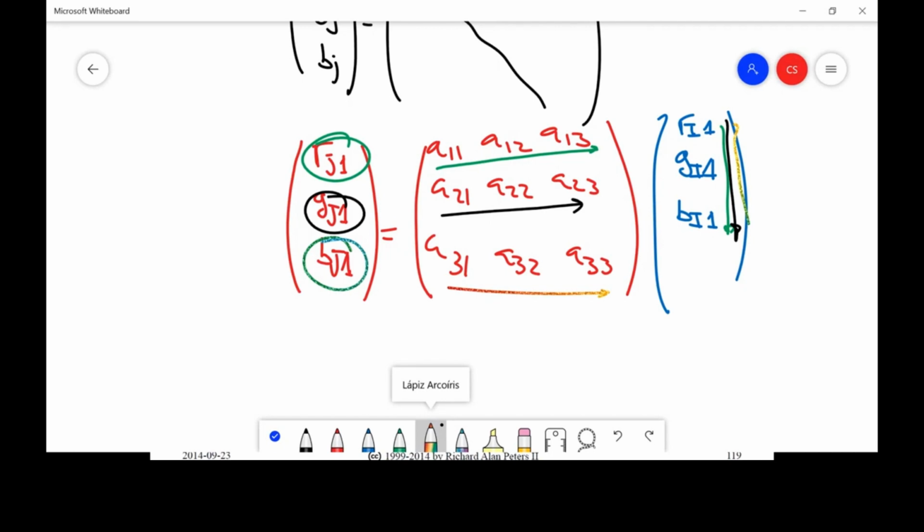So how many pairings do I need to fully define my matrix A? 3. If I have 3 pairings, that will give me 9 equations, and because I have 9 unknowns, that will uniquely determine my unknowns, my matrix.